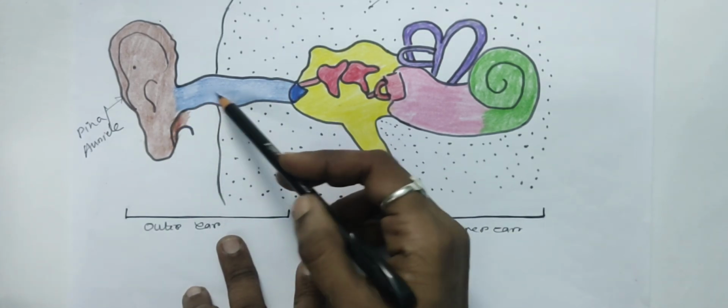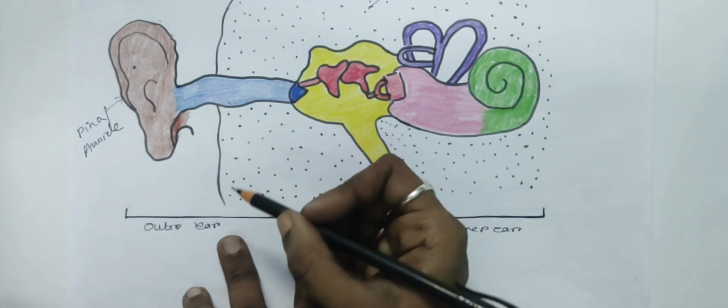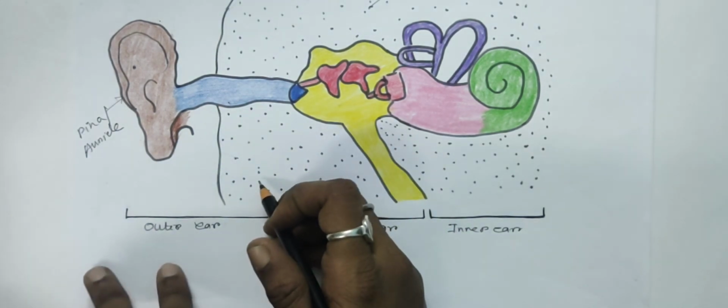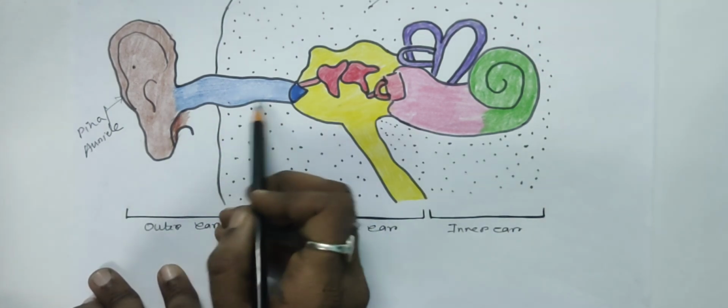This canal is called the auditory canal, or we can say external acoustic meatus or external auditory meatus. It is a long tube.